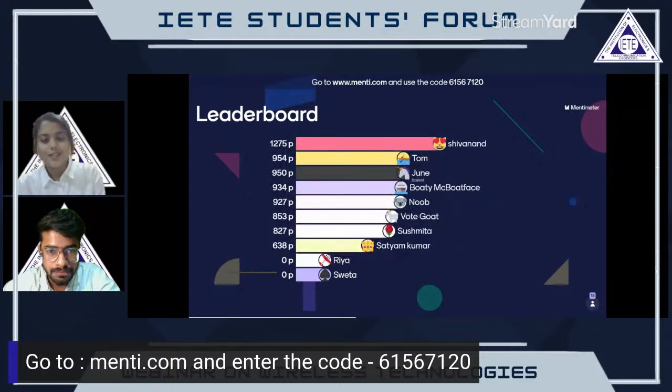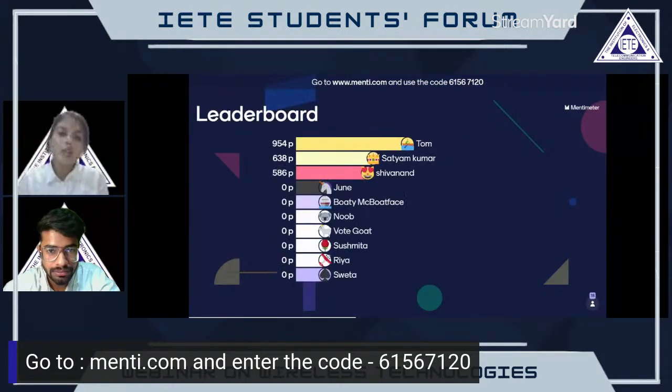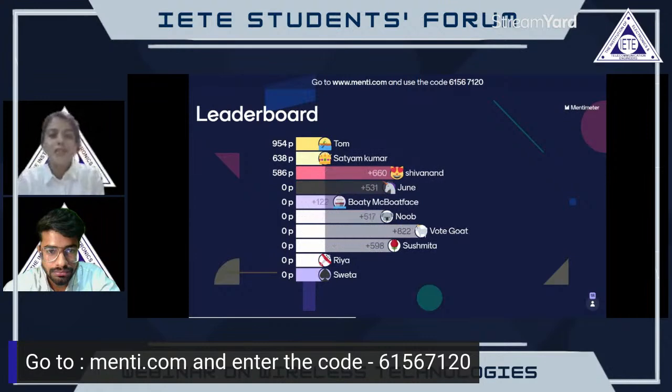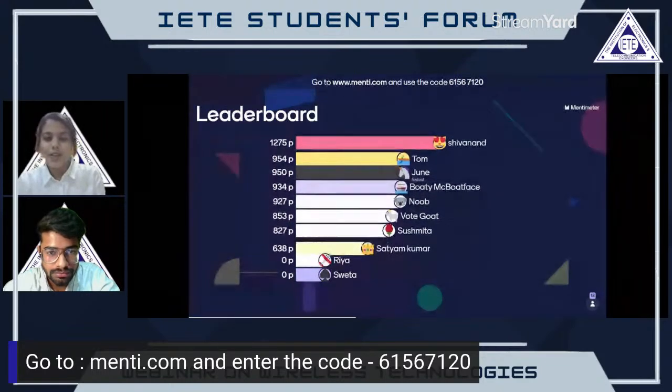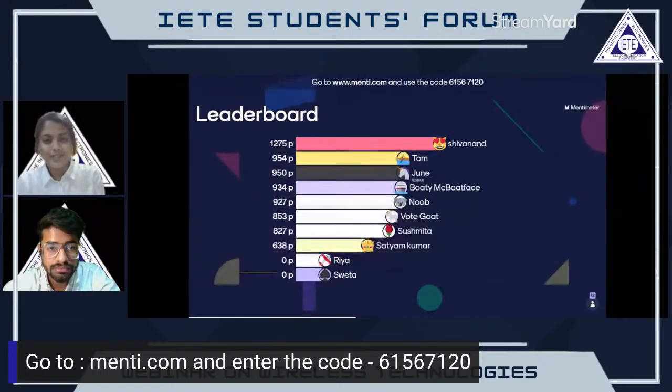Okay, it's fluctuating. At the first position, we have Shivanand with 1,275 points, followed by Tom, June, and others.